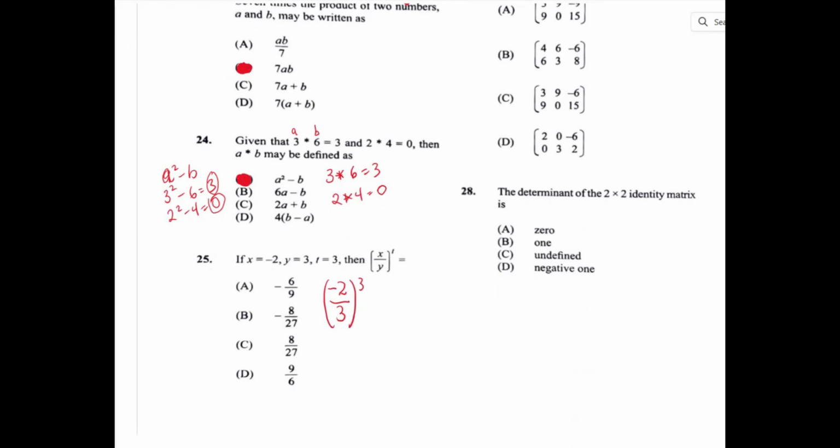So I'm saying both the numerator and the denominator are going to be raised to the power of 3. -2 cubed will give me -8, because a minus by a minus is a plus, and a plus by a minus is a minus. I should be saying a negative by a positive, but you know what I mean. So you'll get -8. And then 3 3s are 9, and 9 3s are 27. So it's -8 over 27.